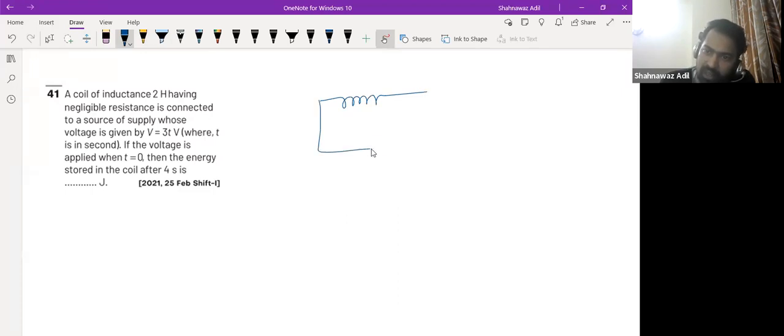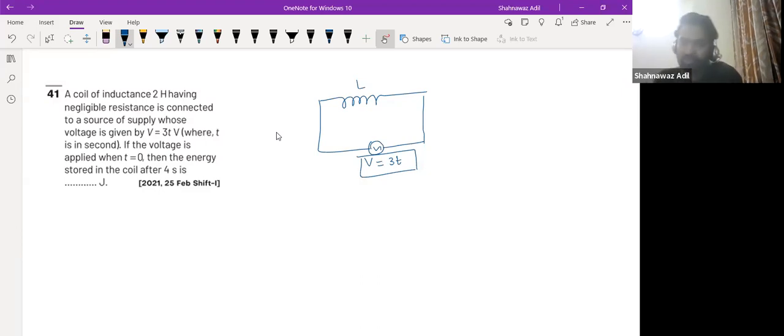This is not sinusoidal, but varies like 3t. So the voltage is varying like this, and the inductor has 2 Henry inductance.